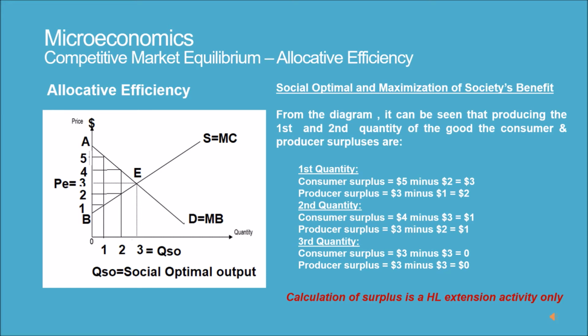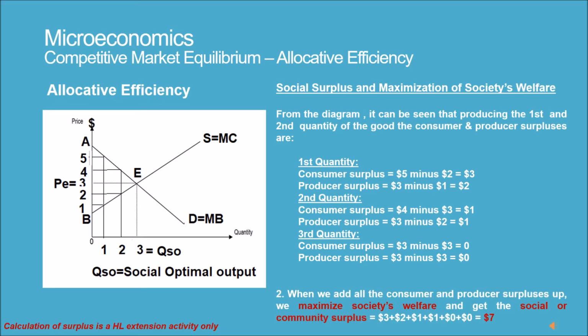Second quantity, consumer surplus equals $4 minus $3 equals $1. Producer surplus equals $3 minus $2 equals $1. Third quantity, consumer surplus equals $3 minus $3 equals 0. Producer surplus equals $3 minus $3 equals $0.